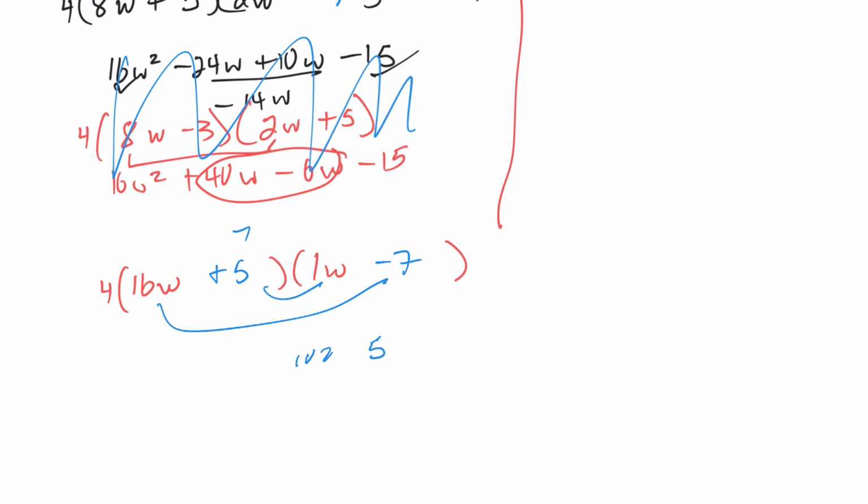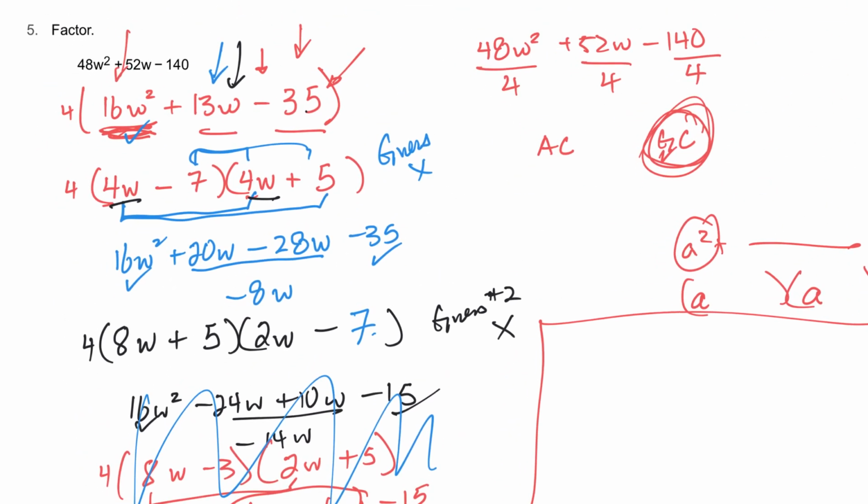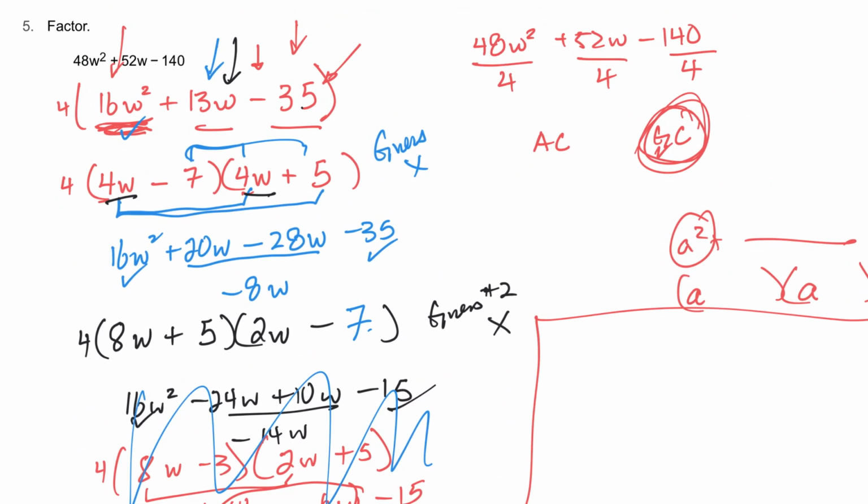Even if I put the 7 there and the 5 there, it won't work. So if I've done all of that work, if I've done all that trying to guess and check and figure out two factors that'll work, I probably at this point would say I can't factor it anymore, so I leave my answer right there.